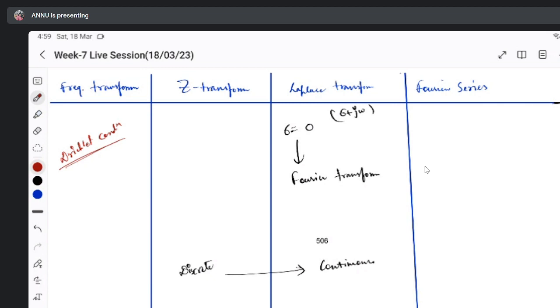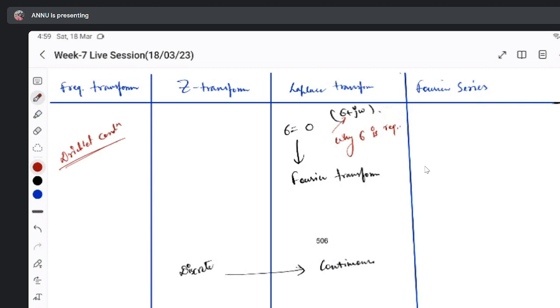One thing, the addition of sigma is very important. Why is sigma required, why not only j omega, is a big question.